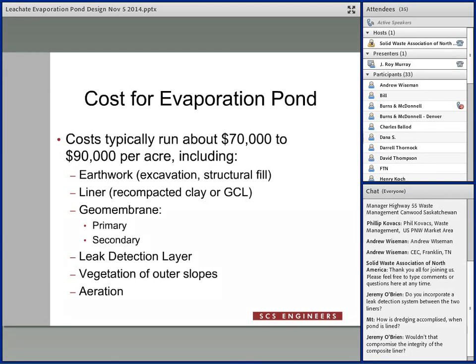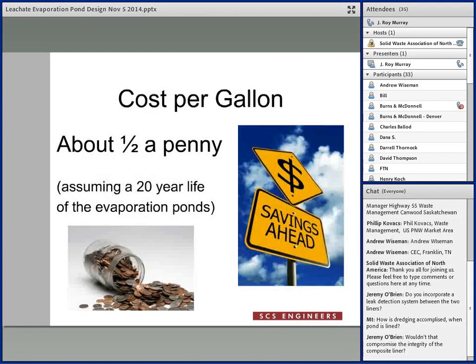The Brownsville ponds cost about $140,000, so it was $70,000 an acre, but they're very basic, so they would be on the low end of what it costs.